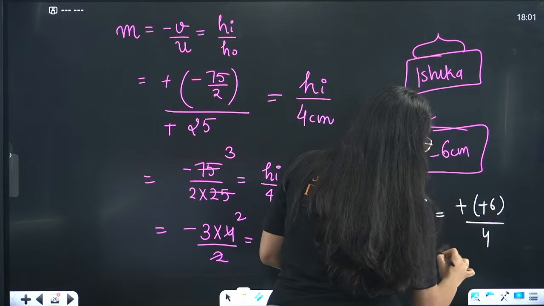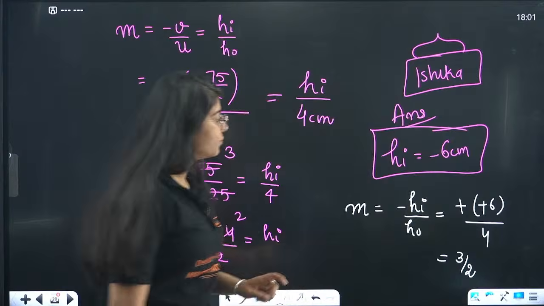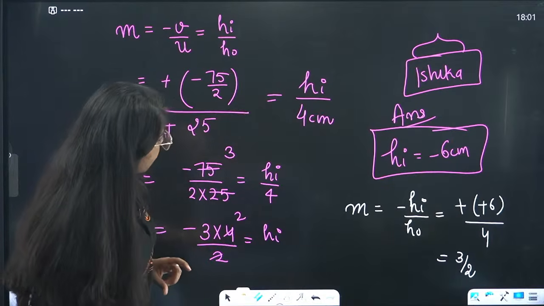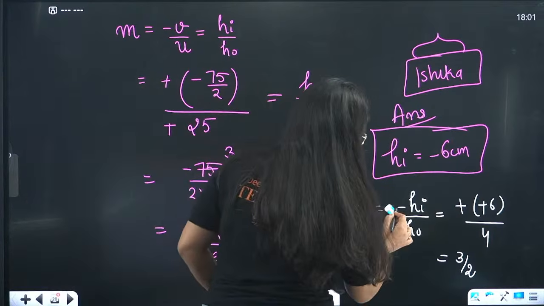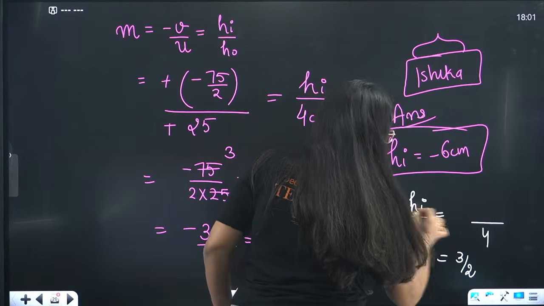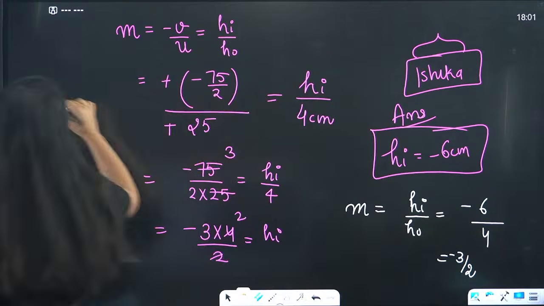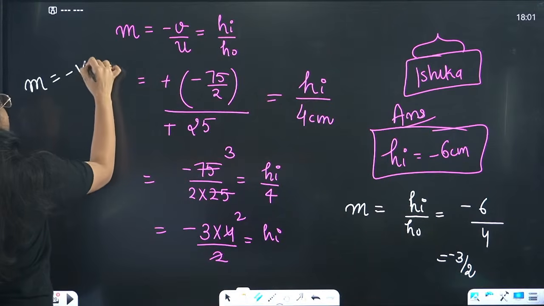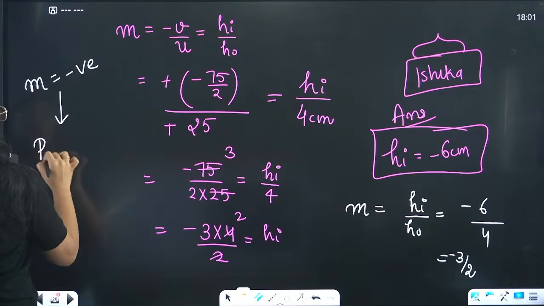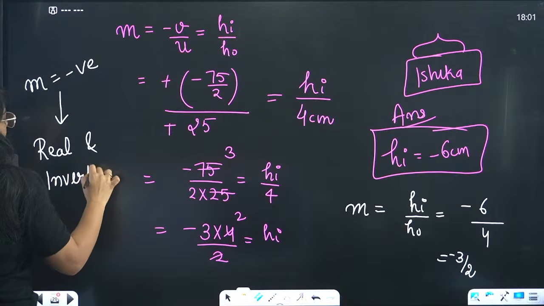So this cancels out, we get 3 by 2. Done? Oh, this minus should not be here. Yes, that's what I was confused about. Okay, so this is -6 by 4, that is -3 by 2. So magnification is negative. That means the image is real and inverted.